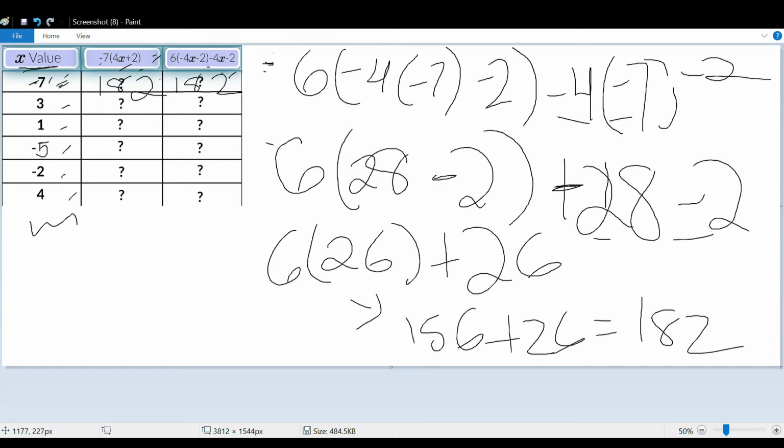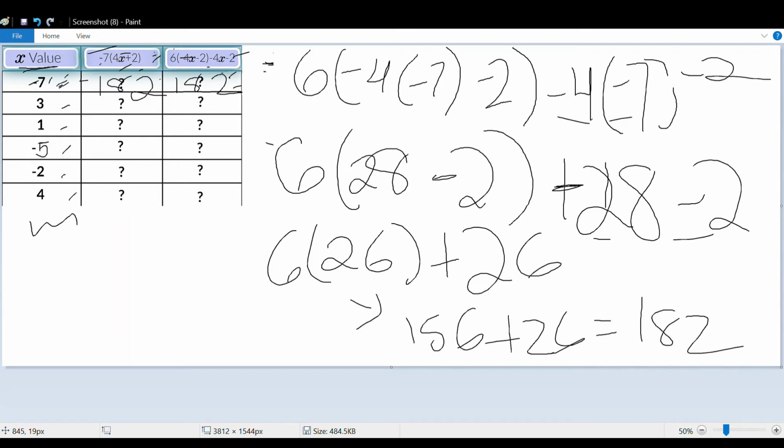Okay, so if we put the same x value in two different looking equations, they give us the exact same answer. So using that reasoning, using the result of putting -7 in these two different equations, which gives us 182 for both, we can reason that these two equations are basically the exact same equation.